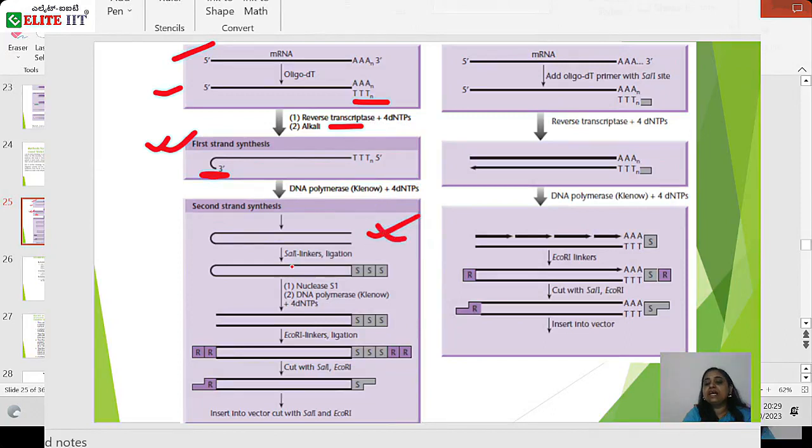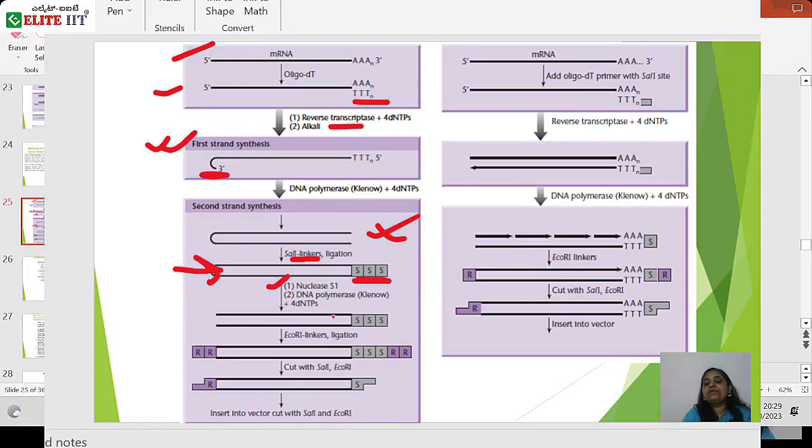Now, you just add linkers. A SalI linker means in this linker there is a restriction site for the SalI restriction endonuclease. So you just add that sequence. After that you add nuclease S1. What will happen? This hairpin structure will be degraded.